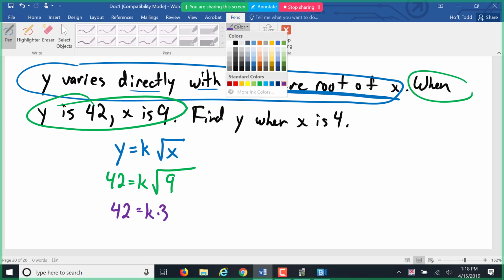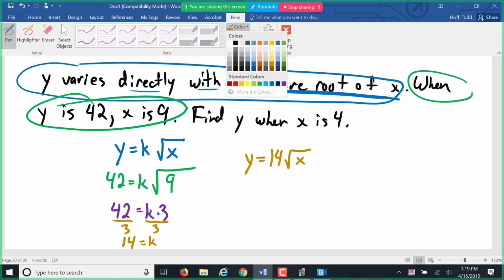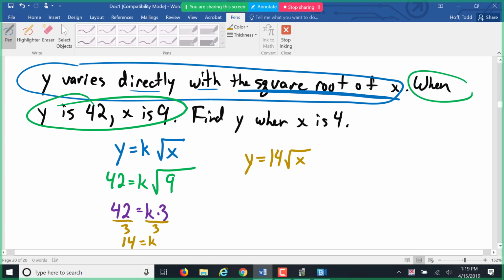That's k times 3. And then we divide by 3 to get k alone, to get that k equals 14. So y equals 14 times the square root of x. Find y when x is 4. What do we do?